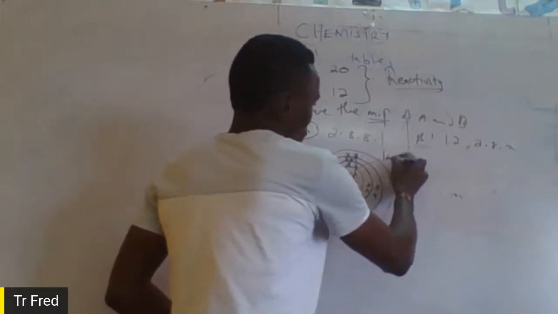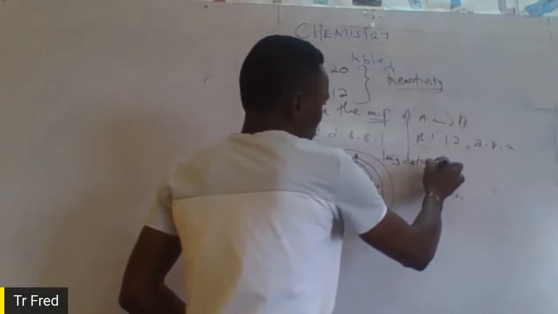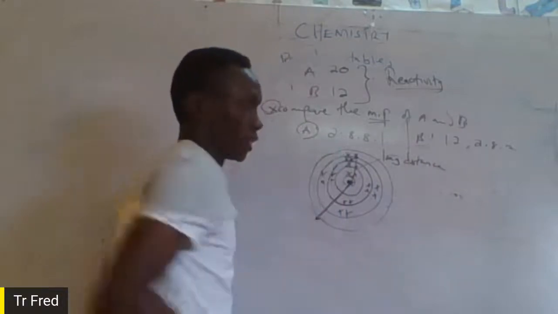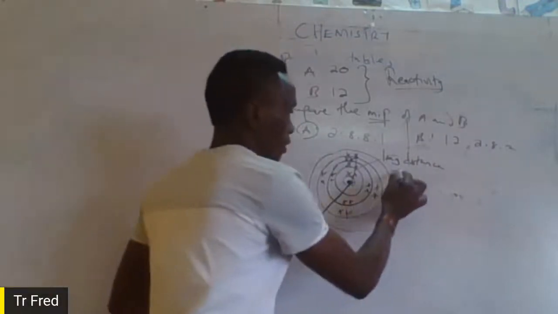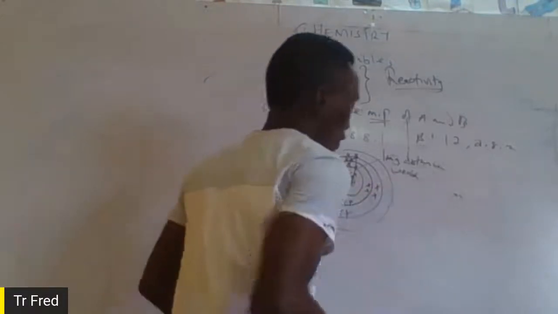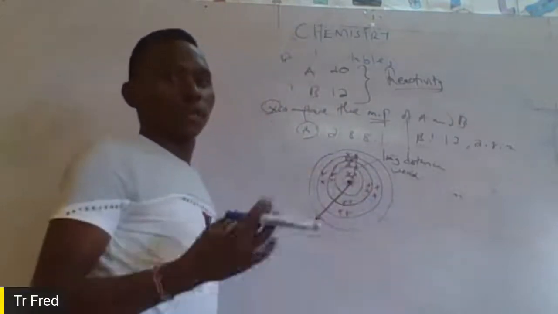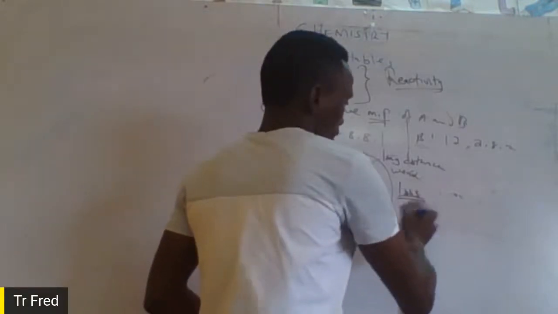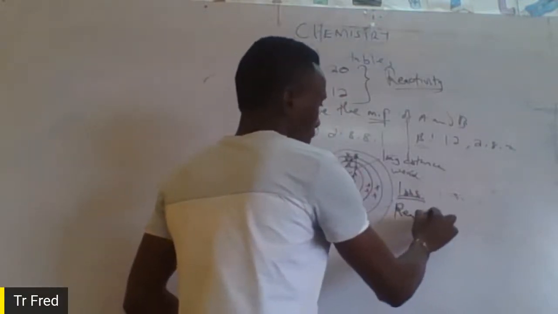Since there is a long distance, it shows that the force of attraction between the nucleus and the outermost electron will be very weak. Now, since it is very weak, the outermost electron can be easily lost to other atoms. And the loss to other atoms is what is referred to as the reactivity.